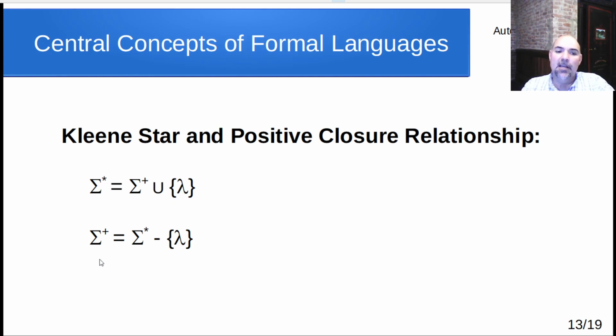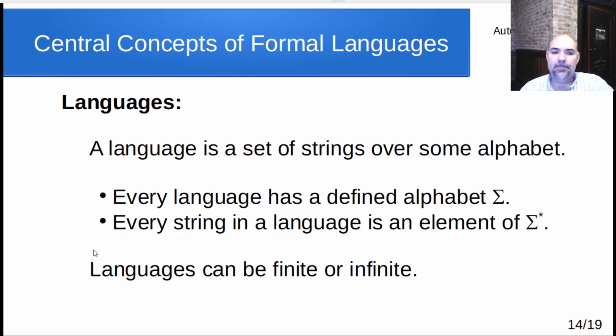And conversely, if we take plus, then that's the same as star with the lambda taken away. So this is a set difference. We're taking the lambda away from that set. What that will leave is everything alphabet to the 1 through infinity, which is the definition of plus. So those have that relationship with one another.